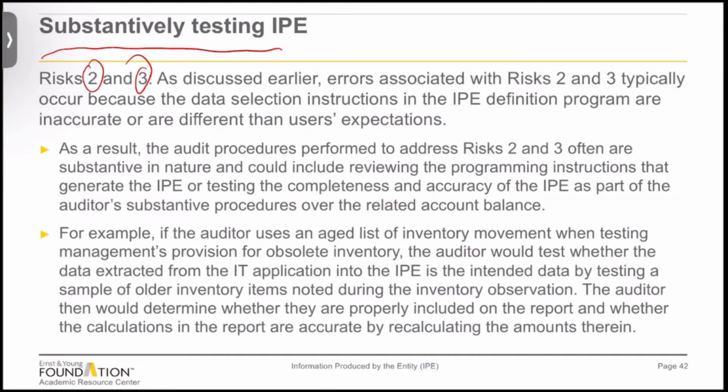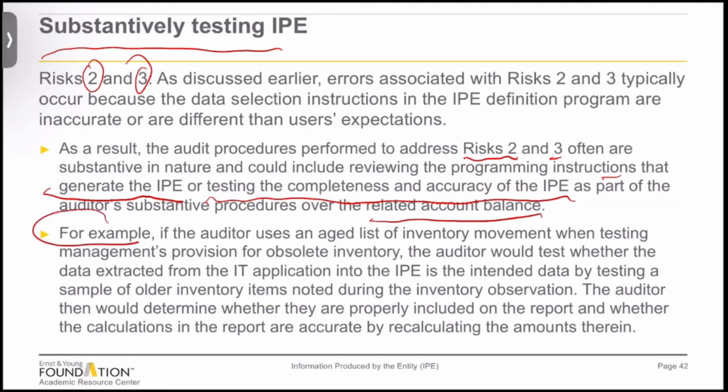As a result, the audit procedures performed to address risk 2 and 3 often are substantive in nature and could include reviewing the programming instructions that generate the IPE or testing the completeness and accuracy of the IPE as part of the auditor's substantive procedures over the related account balance.